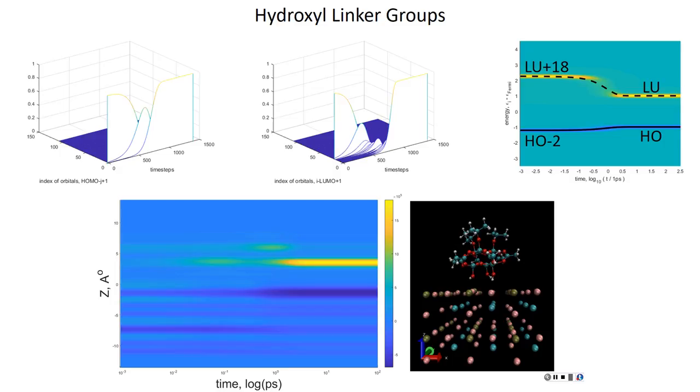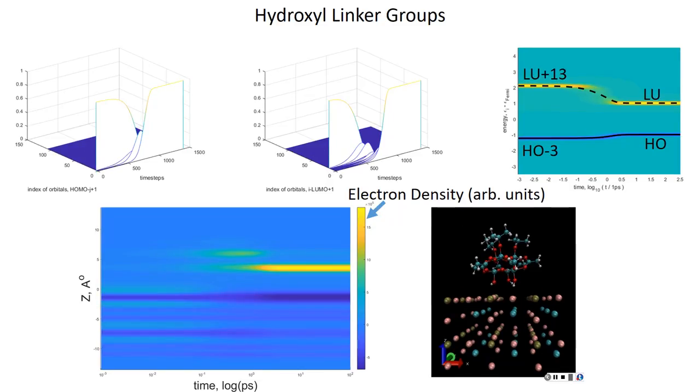The dyes, like spiro-MeOTAD, however you say it. Okay, but we don't have dyes here. Not here, no. But in conclusions, if you want to build a photovoltaic cell, you need to build an interface with both: on one side titanium dioxide for electron accepting, and on the other side you need the hole accepting material.